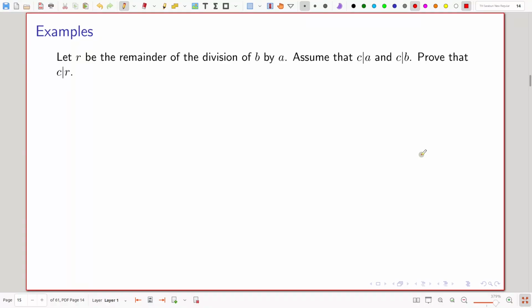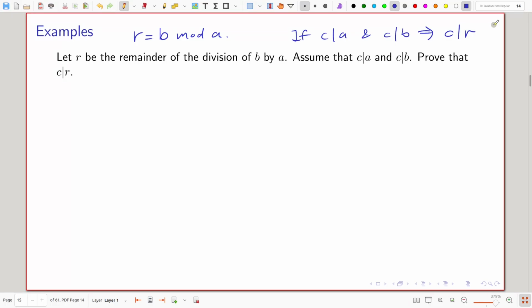So let me write this: r equals b mod a. We are going to prove that if c divides a and c divides b, then c should divide r.